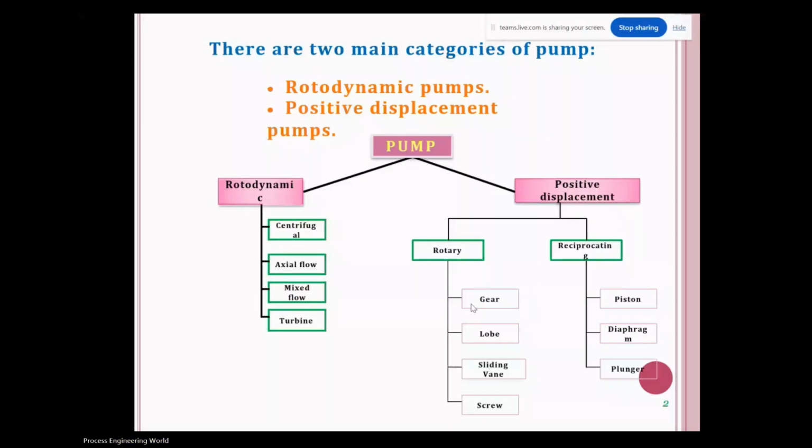If you have a slurry, meaning a solid content higher than the saturation point, then a centrifugal pump won't work after a certain limit, around 10 to 20%.